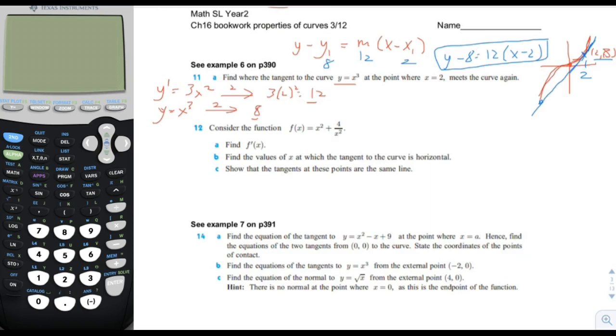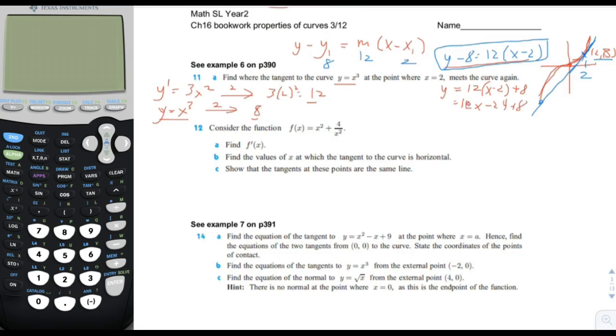So the way we can do that is we see when this equation is the same as this equation. Easiest way to do that, if we are not using the calculator, is to put the y on the left, put everything else on the right. Let's see, that's going to be 12x minus 24 plus 8.